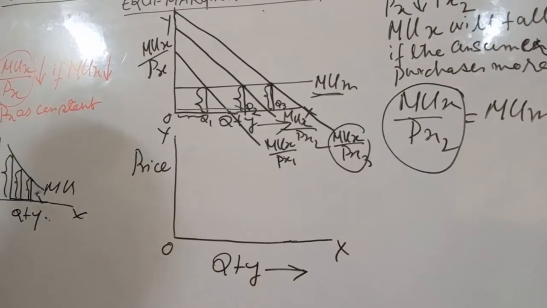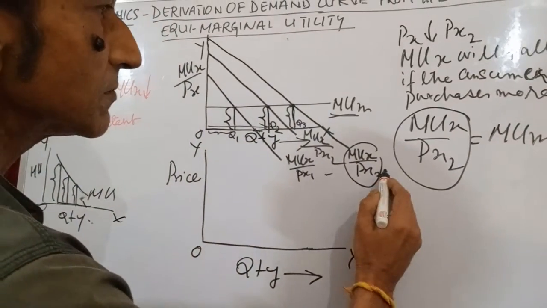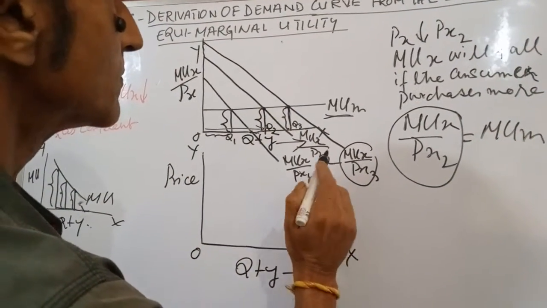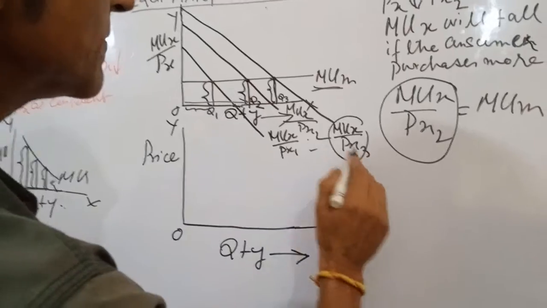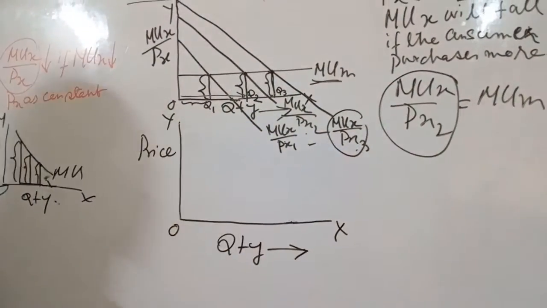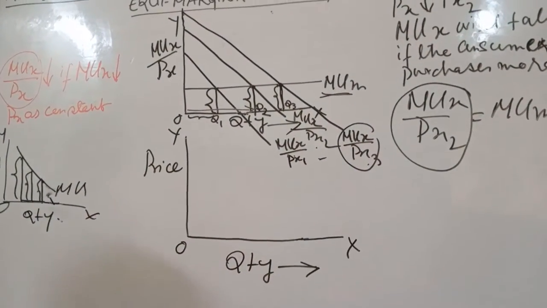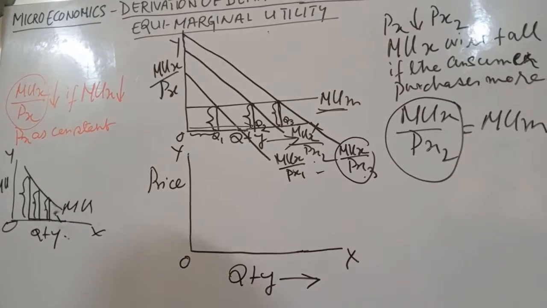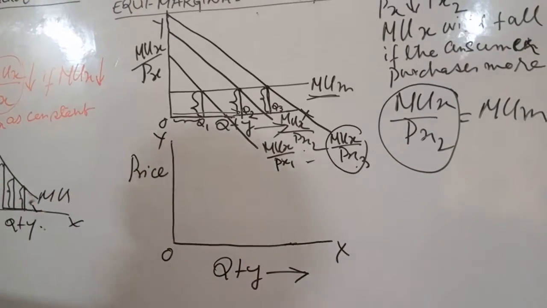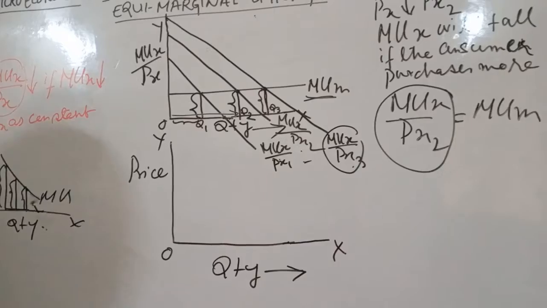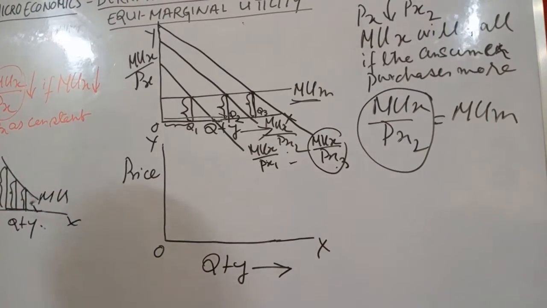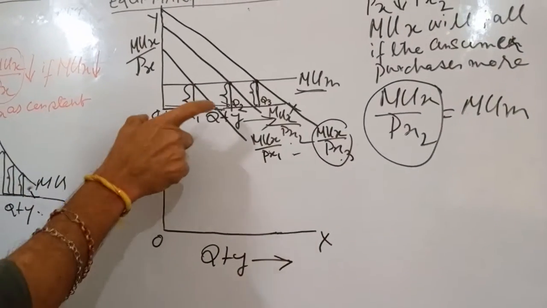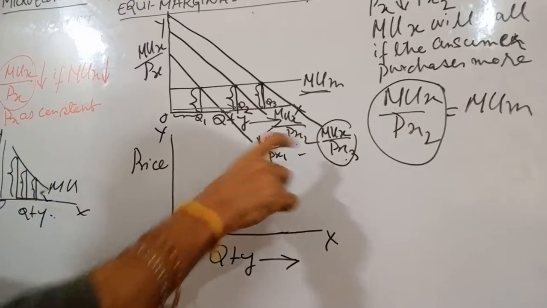Now we know the values of Px1, Px2 and Px3. We know the values of prices of x as it is going down from Px1 to Px3, and we know the values of quantities consumed by the consumer at the respective prices.